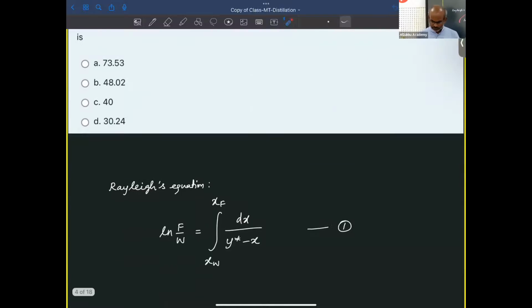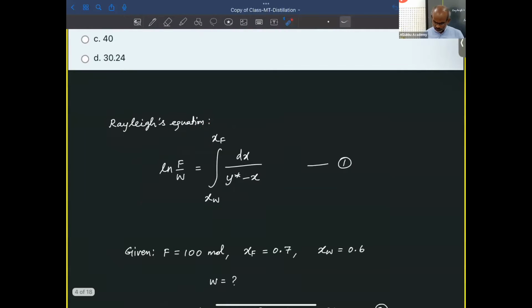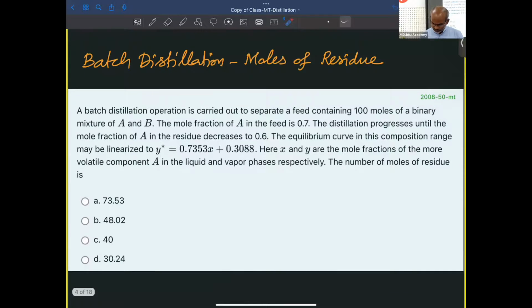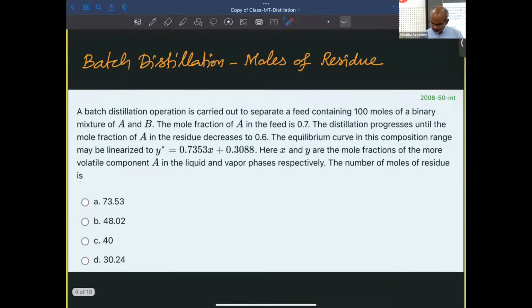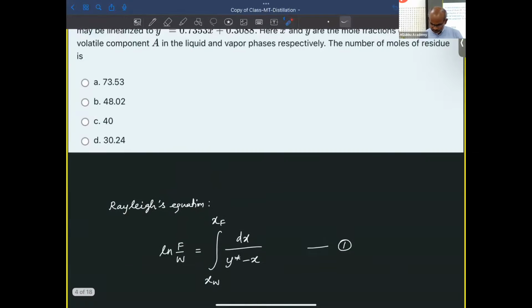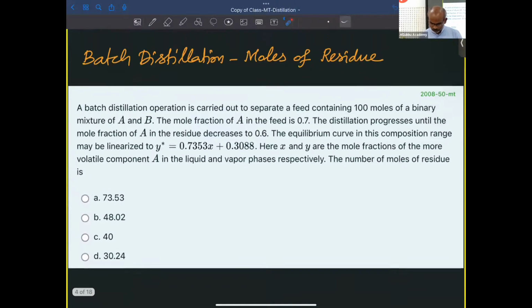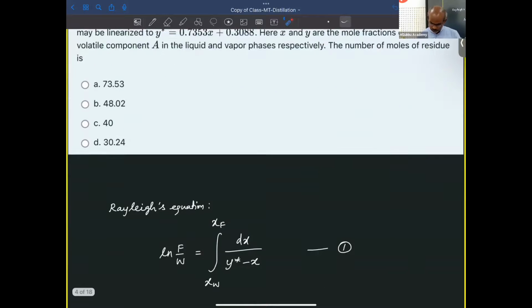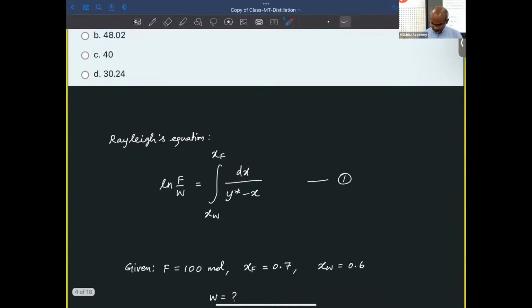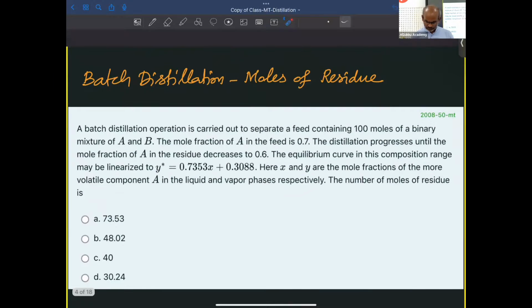So the equation is ln F by W. What is available? F is known, 100 moles. We also know the composition of the feed, x_F, as well as x_W. Additionally, we are given a relation for y star in terms of x, that is the equation for the equilibrium curve.